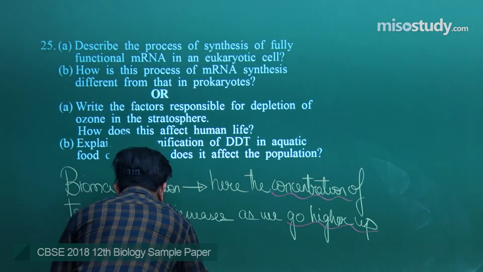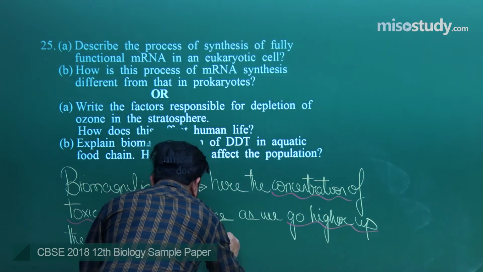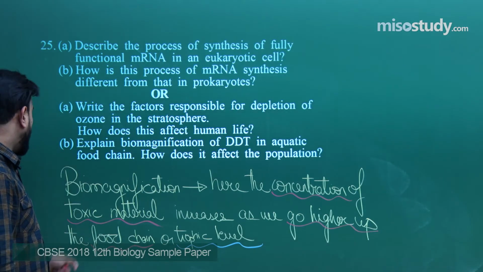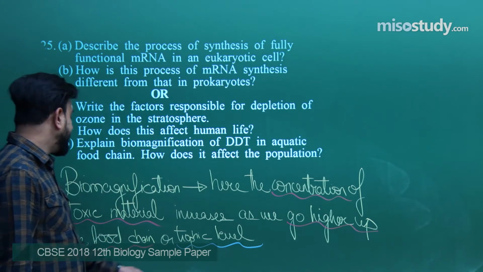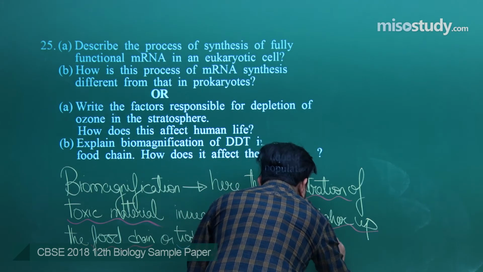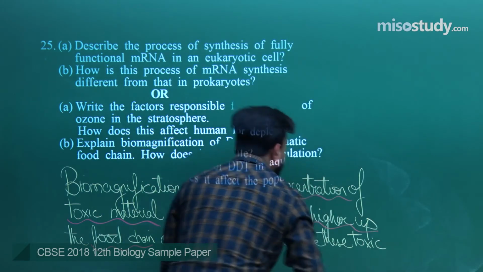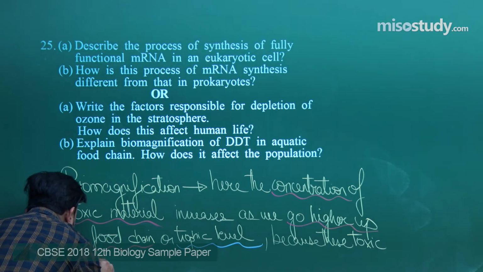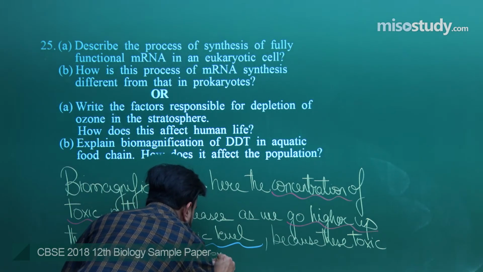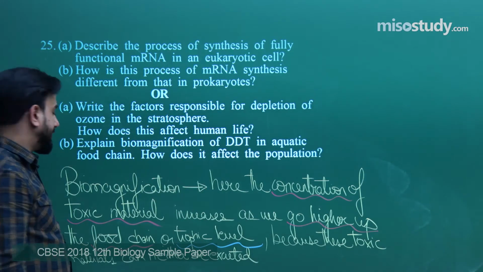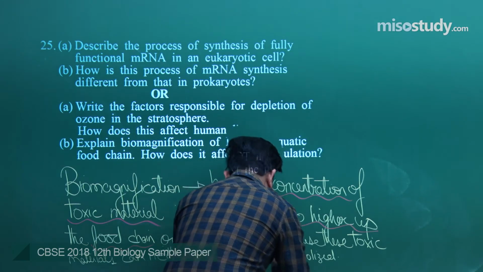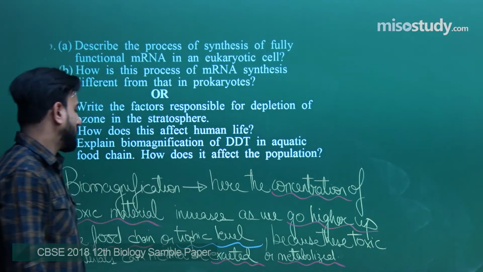Here the concentration of the toxic material increases as we go higher up the food chain or trophic level, because these toxic materials can neither be excreted nor metabolized.